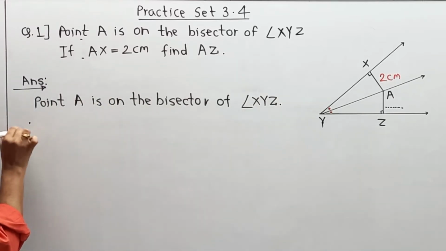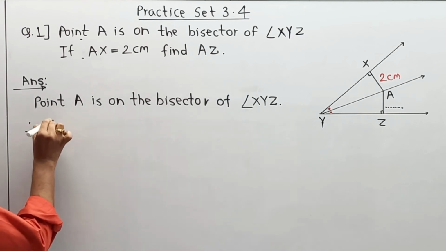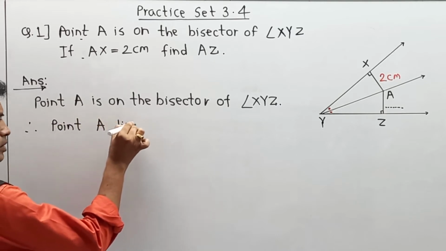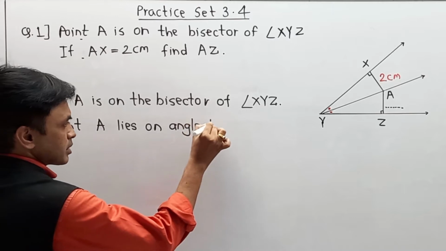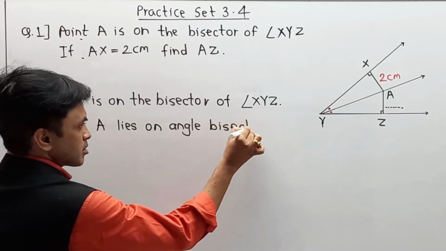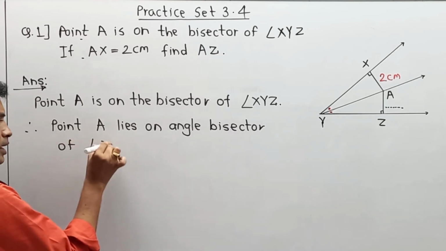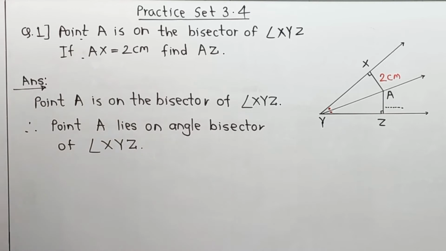Next, therefore, point A lies on the angle bisector of angle XYZ. Naturally, it is equidistant from its angle sides.